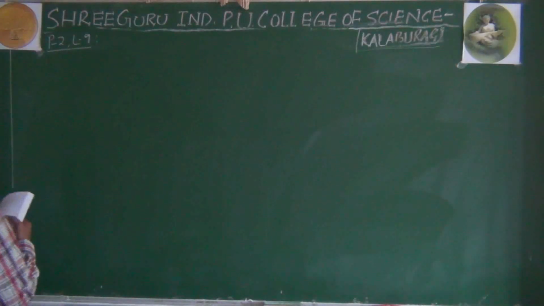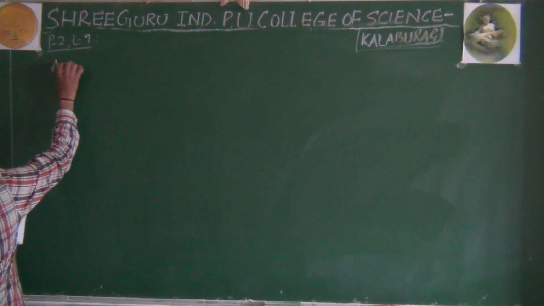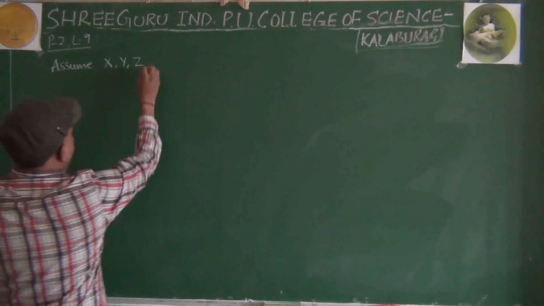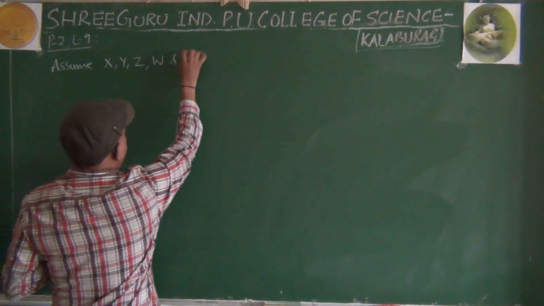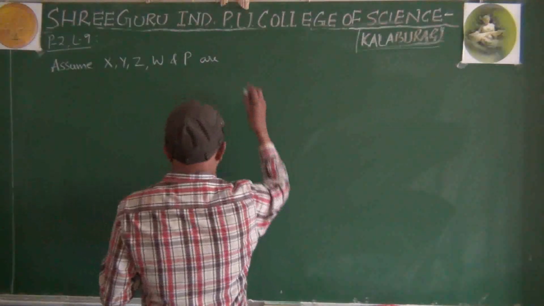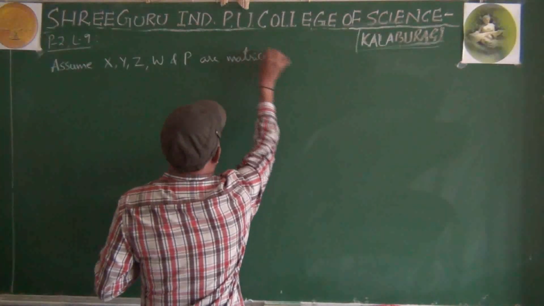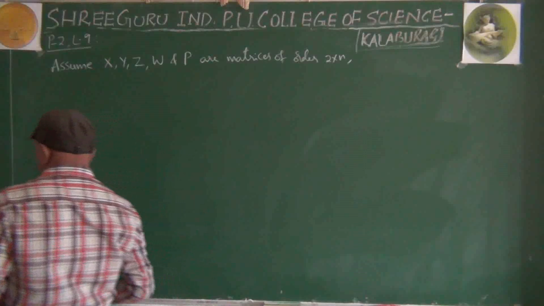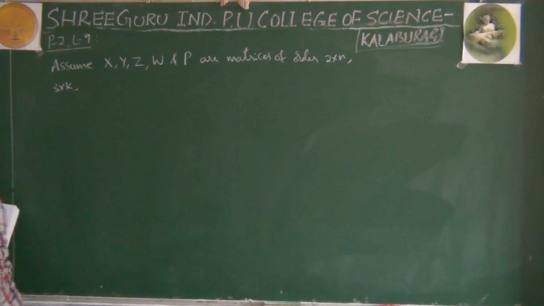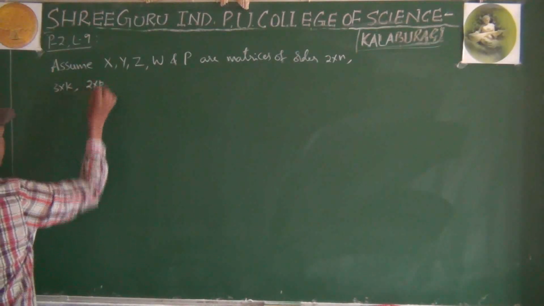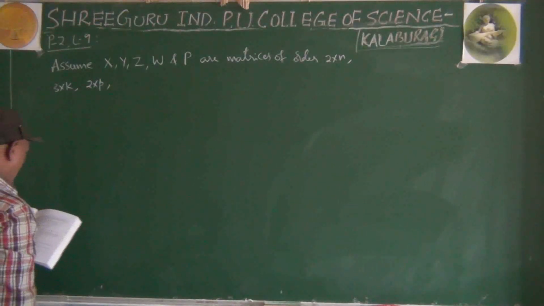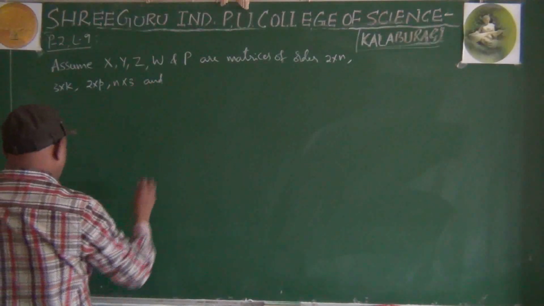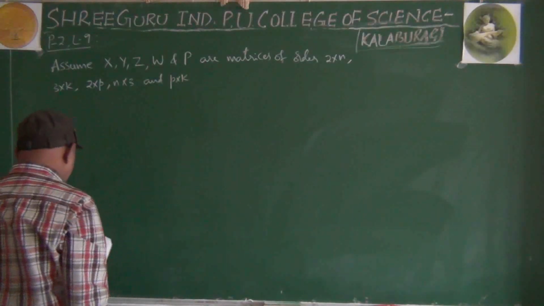Now let us see the next one. Assume capital X, capital Y, capital Z, capital W and capital P are matrices of order 2 by n, 3 by k, 2 by p, 2 by small p, n by 3 and p by k respectively.